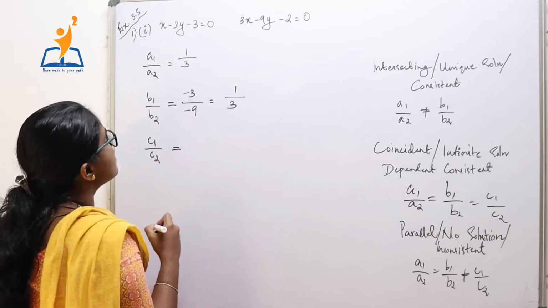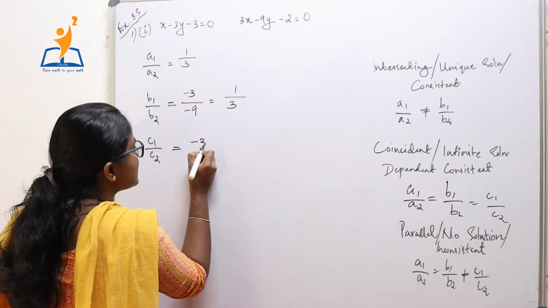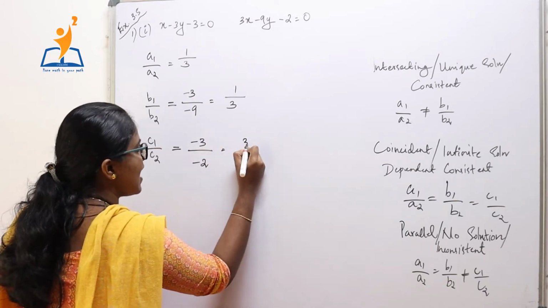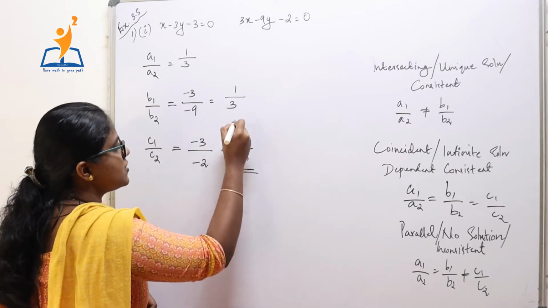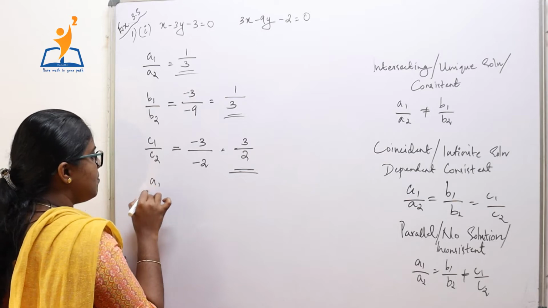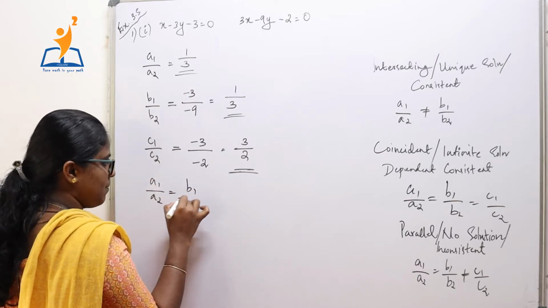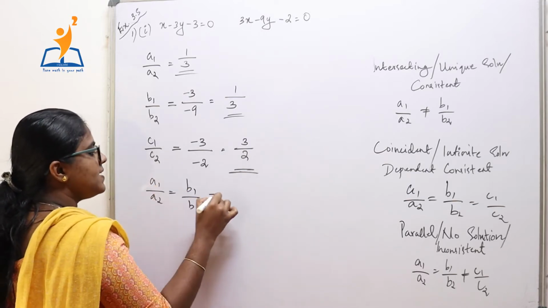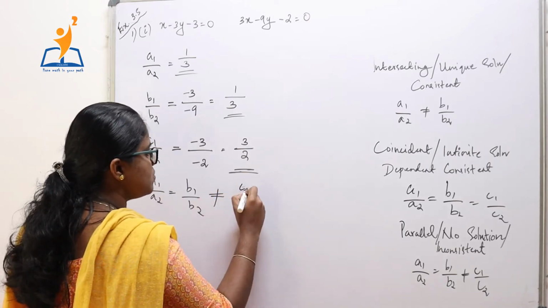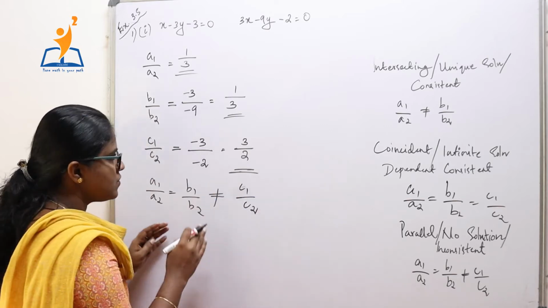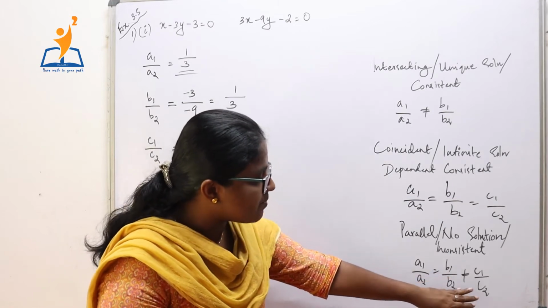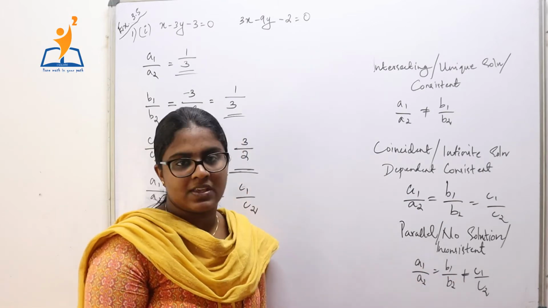Now we will go for c1 by c2. Here we have minus 3 and here we have minus 2. That is minus and minus gets cancelled, and the simplest form of this ratio is 3 by 2. Hence we can observe that a1 by a2 is equal to b1 by b2, but c1 by c2 is not equal to the other two. So look for the condition here. a1 by a2 is equal to b1 by b2, not equal to c1 by c2.